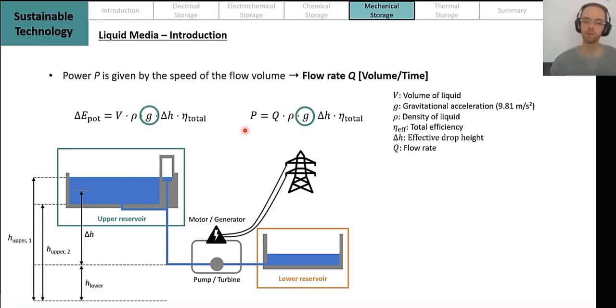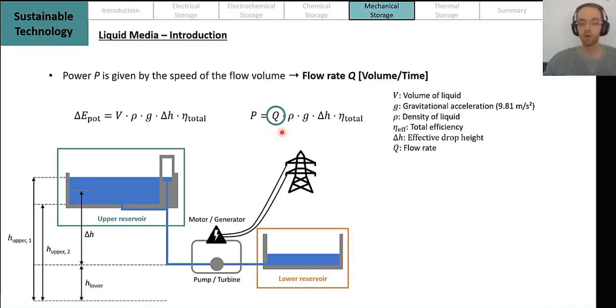The next parameter being present in both of these terms here is the gravitational acceleration. This is also a parameter you, of course, cannot really change. This gravitational acceleration on Earth is 9.81 meters per second squared, so there's no way to optimize your system regarding this. The next parameter, which will only occur, of course, in the power term, is Q, so our flow rate.